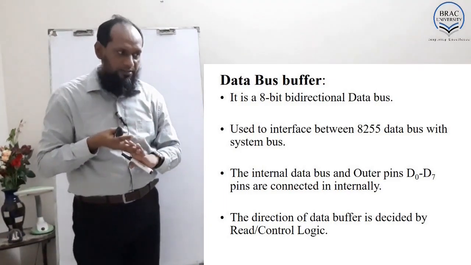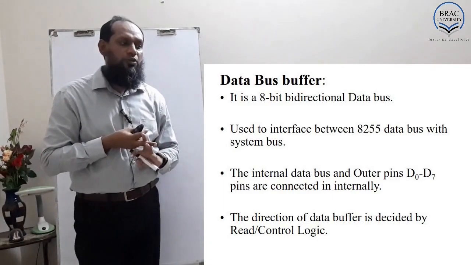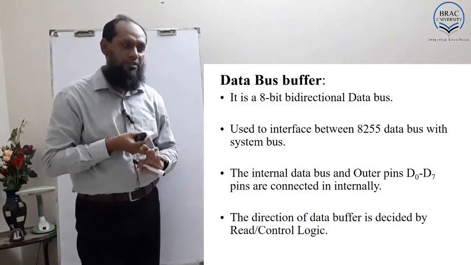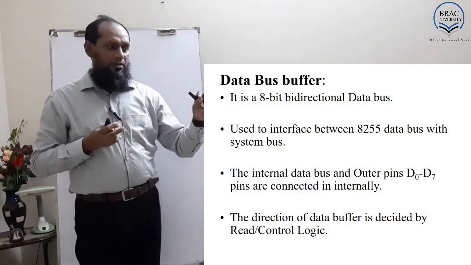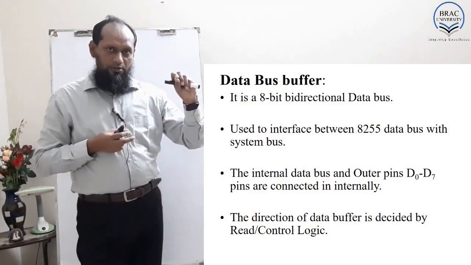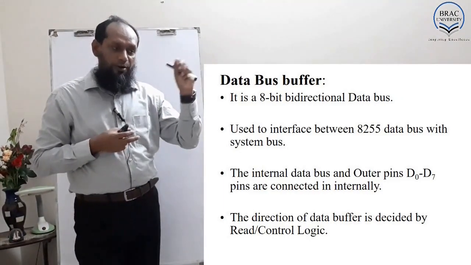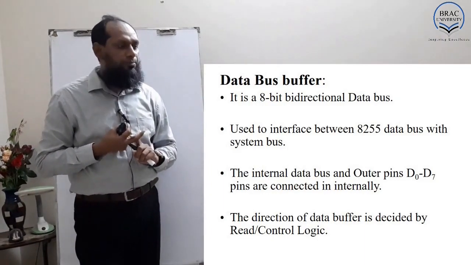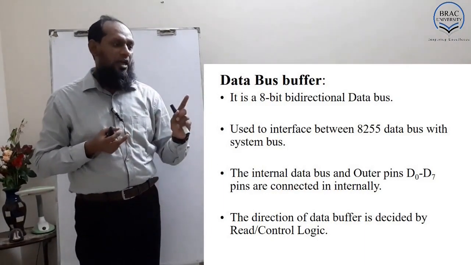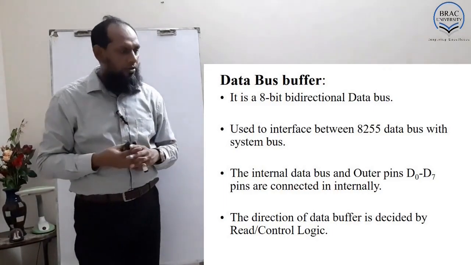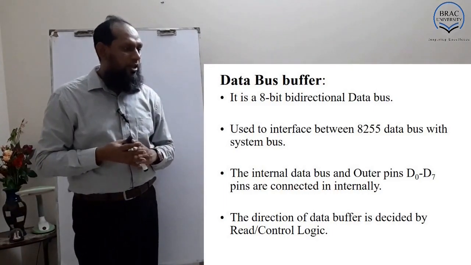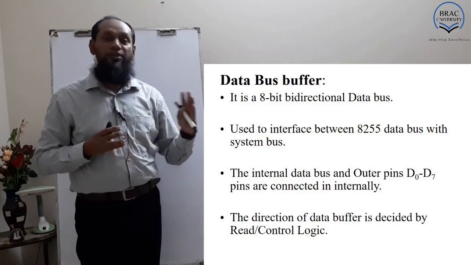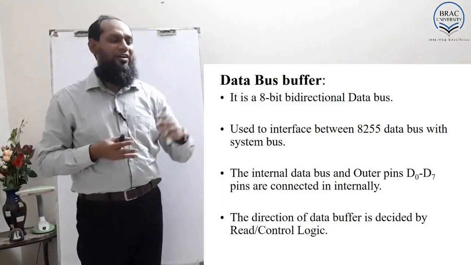It is an 8-bit data bus used to interface the 82C55 data bus with the system bus, that means the bus of the microprocessor. The internal data bus and the outer pins D0 to D7 are connected internally. The direction of the data bus buffer is decided by the read or write command.